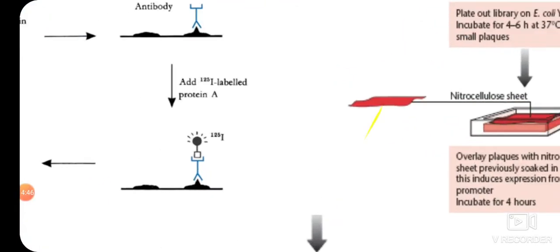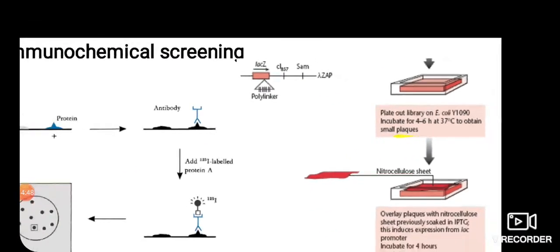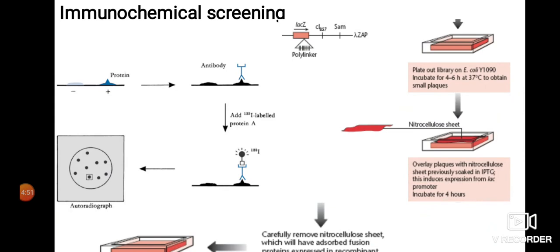Here you can see we have a lambda ZAP, one of the vector systems, carrying a lacZ gene with a polylinker DNA.